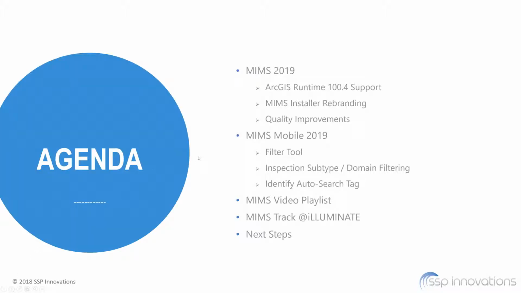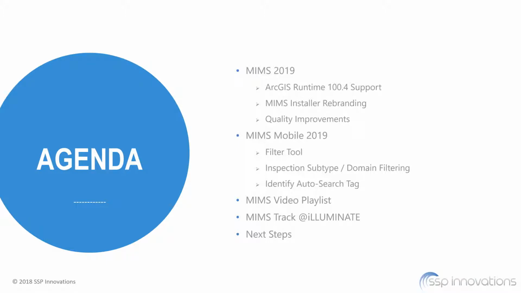So to break this down, what are we going to be covering today? We've split this into an overall MIMS 2019 category and then some MIMS mobile specific items. We've also started work on a video library of MIMS functionality, very exciting, starting with these new components, but also some of our most often used functionality, and we'll cover some of that current content and let you know where to find it.